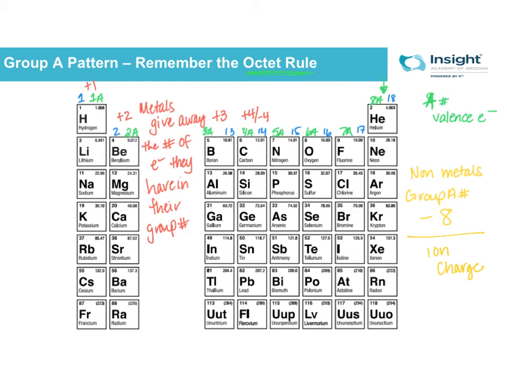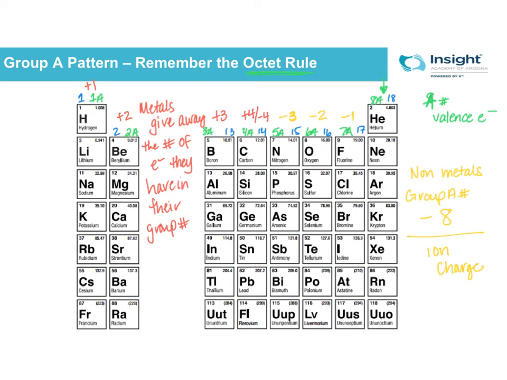Right, so 5A, 5 minus 8, will give you a -3. All right, it's going to pick up 3 electrons, because it currently has 5, to get to a full octet. Group 6A, 6 minus 8 is -2. It's 2 electrons away from 8. And group 7A is going to pick up 1, or have a -1 charge.